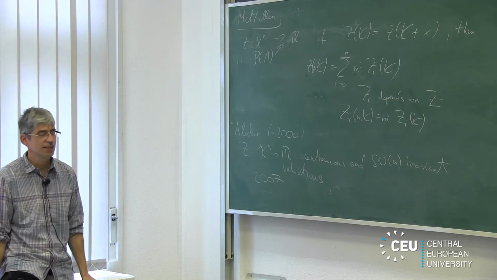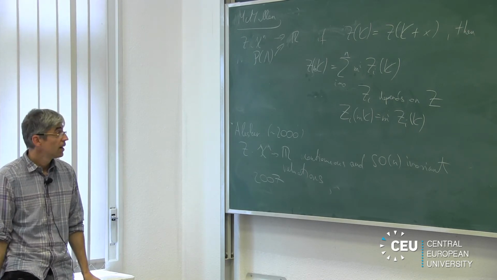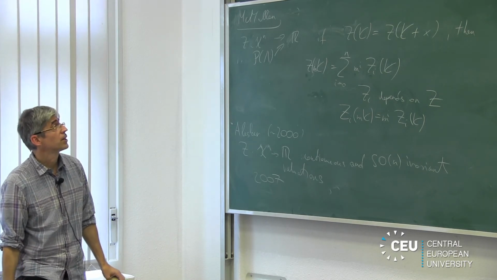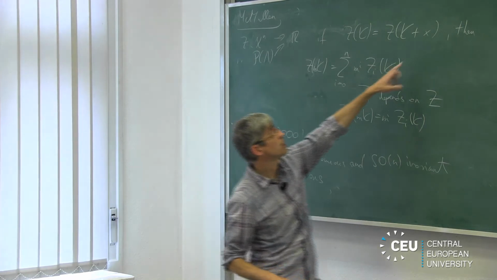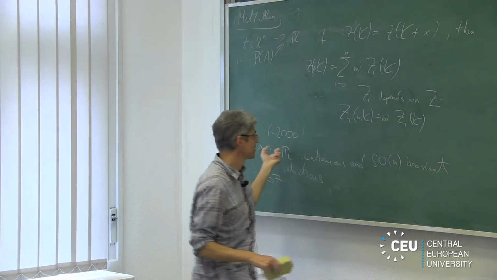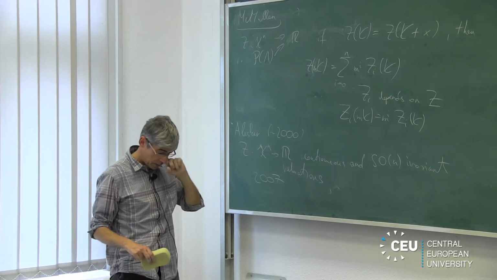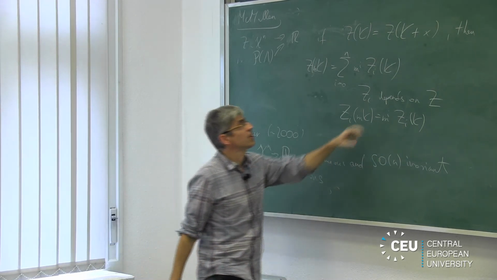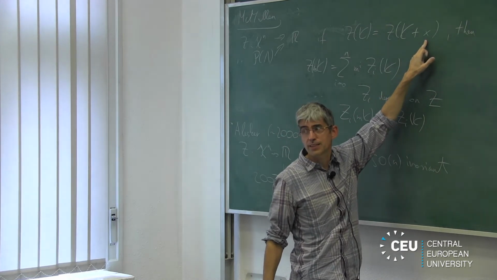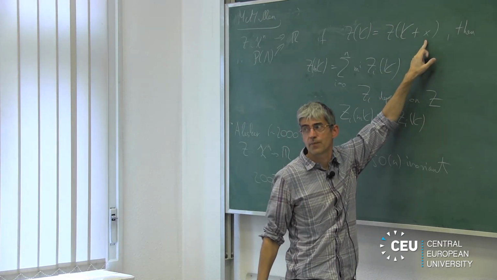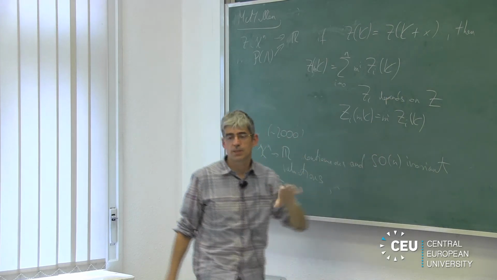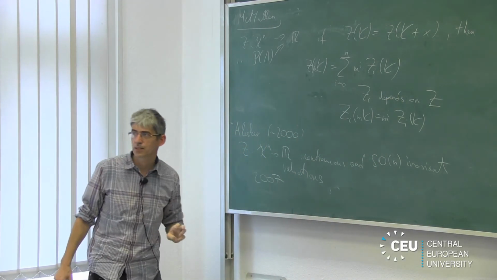The basic idea is that first you characterize nice valuations that behave nicely with respect to translation. His first attempt was considering those where, when you fix K and consider Z of K plus x as a function of x, it is a polynomial in x. He characterized those, and this was his representation theory.